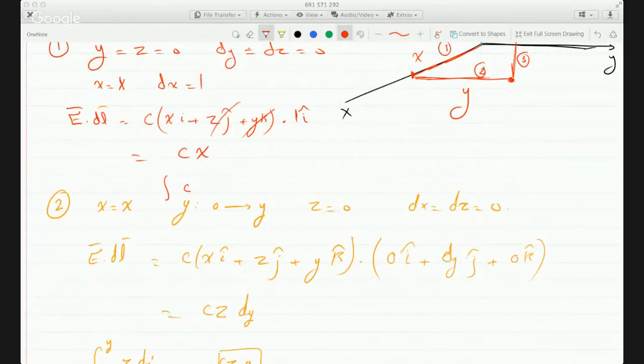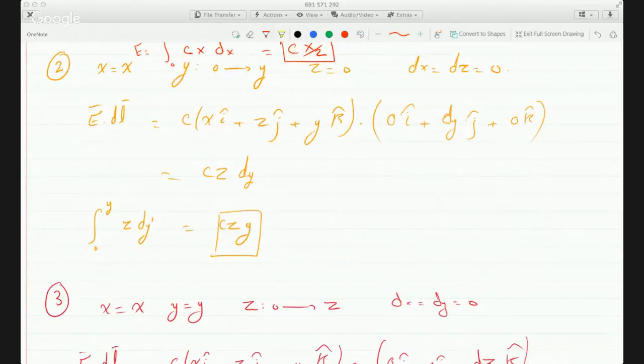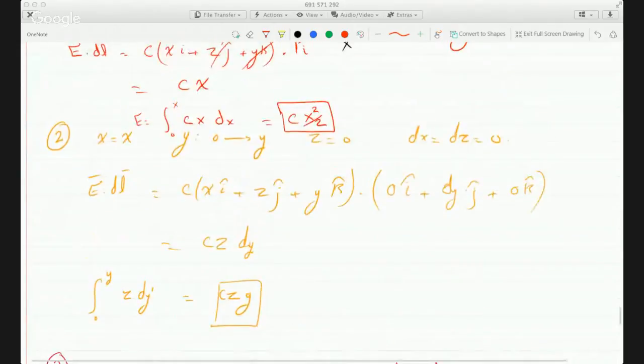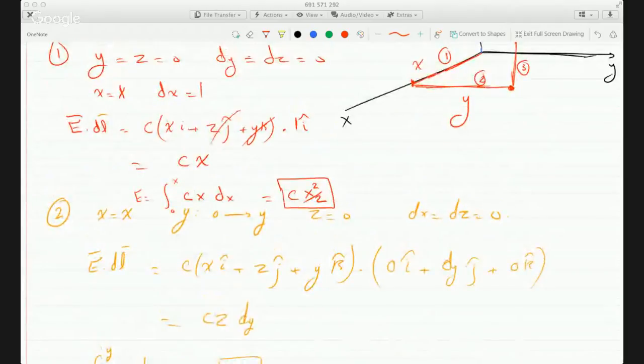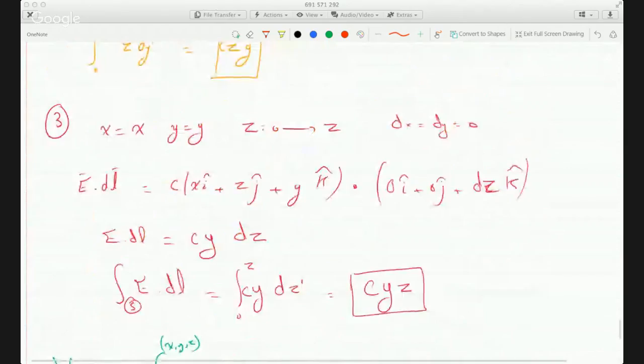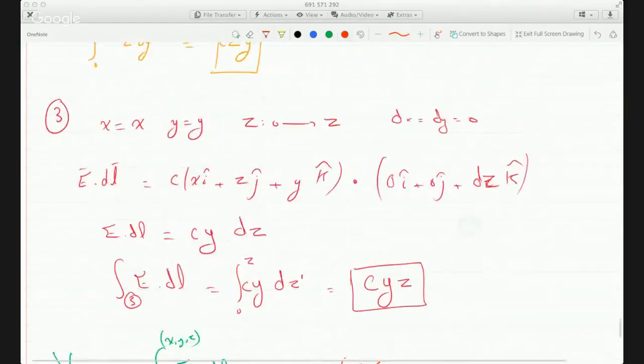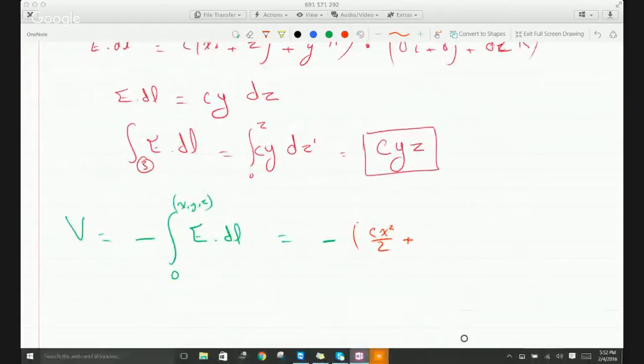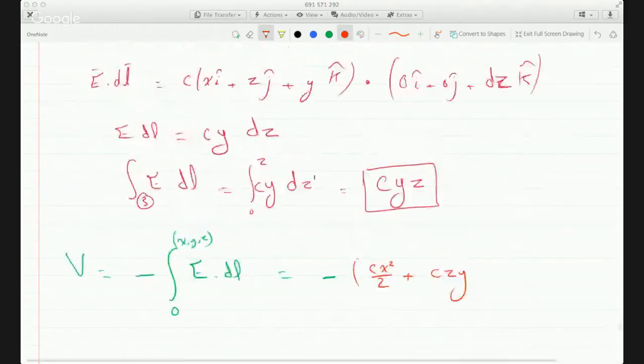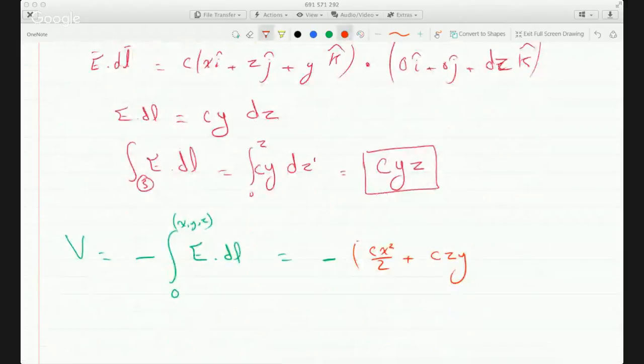So the integral of the first path, dx from 0 to x, is equal to cx squared over 2, plus czy, plus another czy, so this just makes it 2czy.